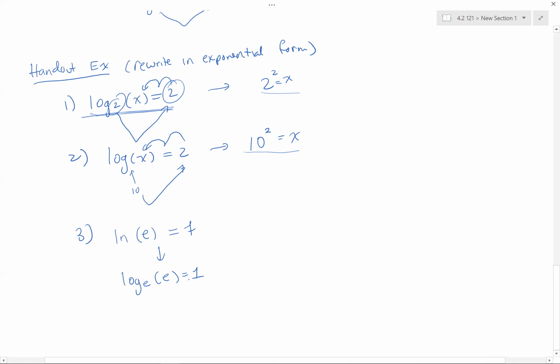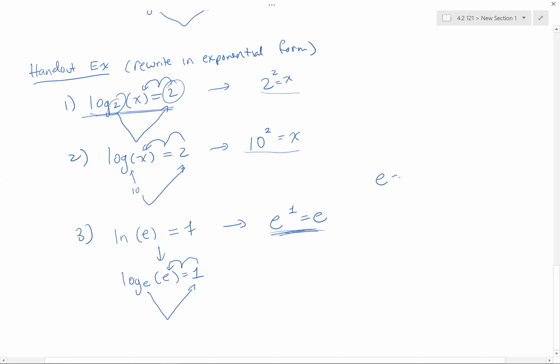Okay, so once we know the base, we can rewrite it in terms of its exponential form. We start with the base, e to the power 1 is equal to e, which is true, right? If I raise some number to the first power, I'm just left with that number.